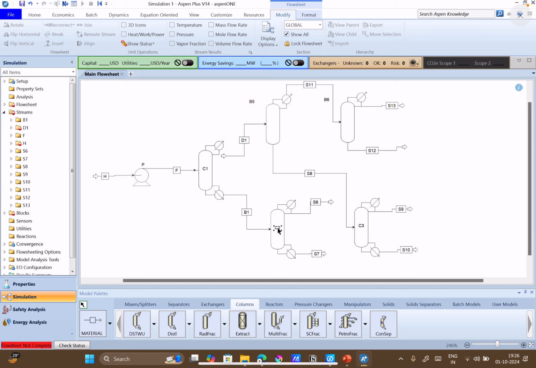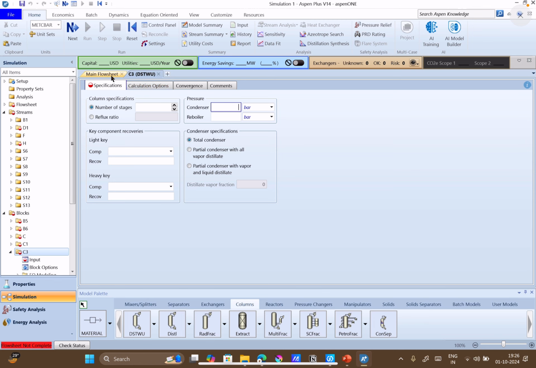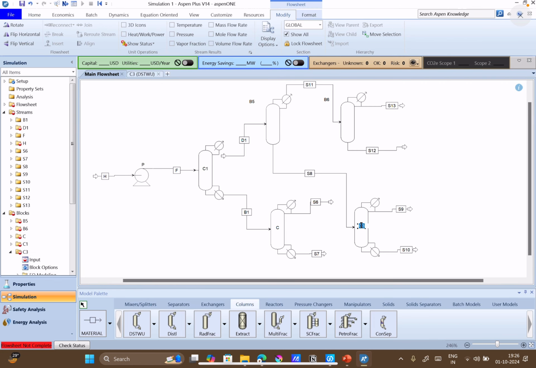This is actually C3, so let me C2. Corresponding top product is D2, bottom product is B2, C3. These are D3 and B3.